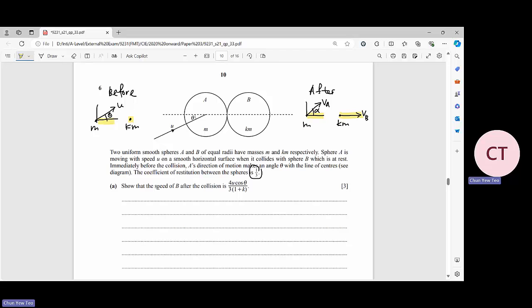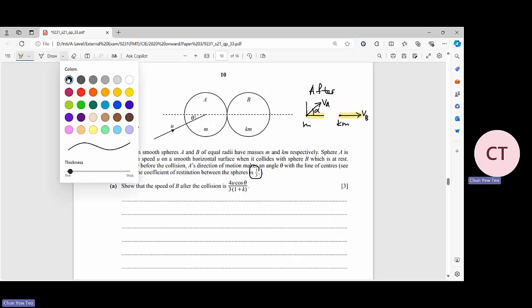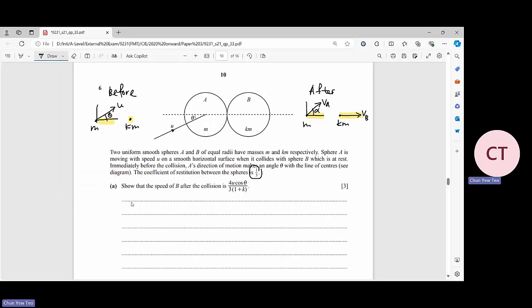Okay, so this is what you have. Then we can start by considering the direction where they collide. You can just start from the horizontal component. So you have PCLM, the principle of conservation of linear momentum.